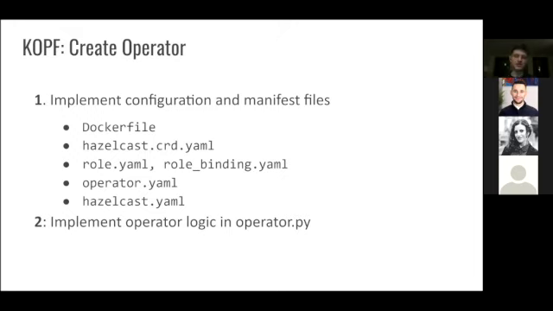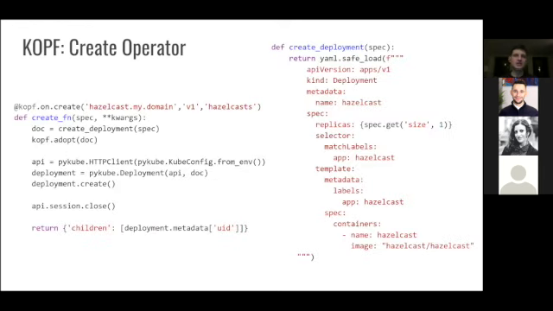That is the bad thing, there is no scaffolding. But if you copy these files, fill them up to your needs and later maintain them, then the operator logic can be expressed in one Python file, and that is the operator logic for our operator.